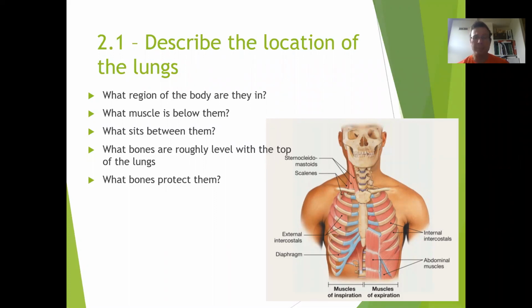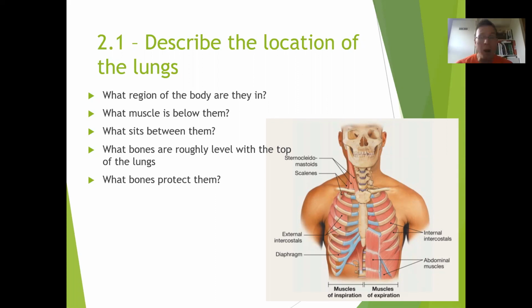That's good, Paige. Paige has mentioned that it's the thorax, the region of the body. So we can describe the lungs as located in the thorax. Someone also said chest, which is fine. So we can say the lungs are located in the chest or thorax region of the body.